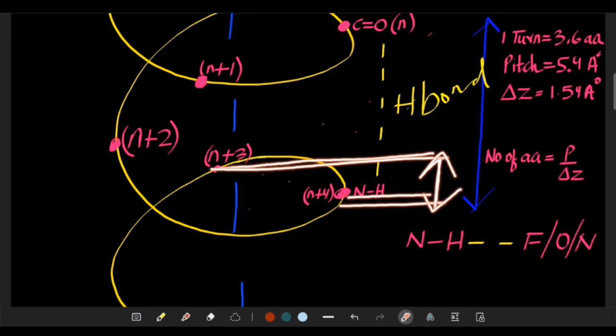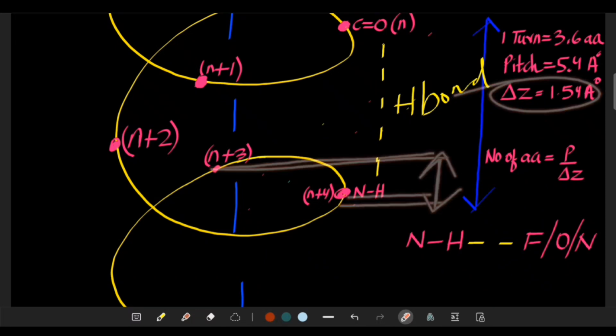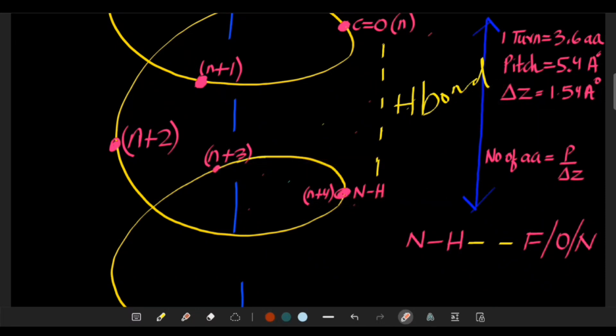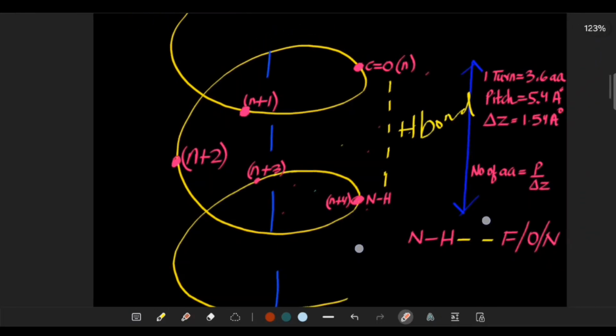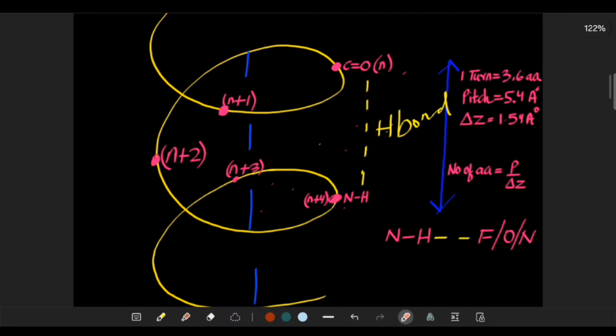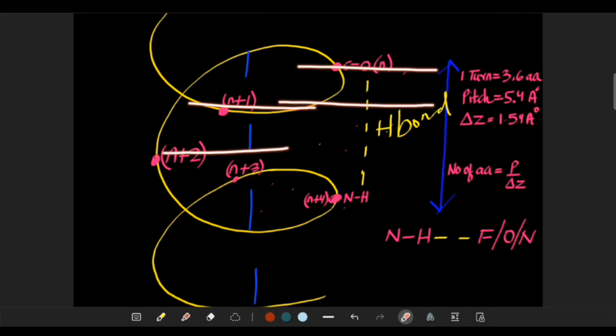That is actually the z, and it is also known as axial height, or rise per residue. That means how much one amino acid is rising above the other. What is the vertical distance between these two amino acids? If I take this and this, and this and this. I hope you're able to understand.